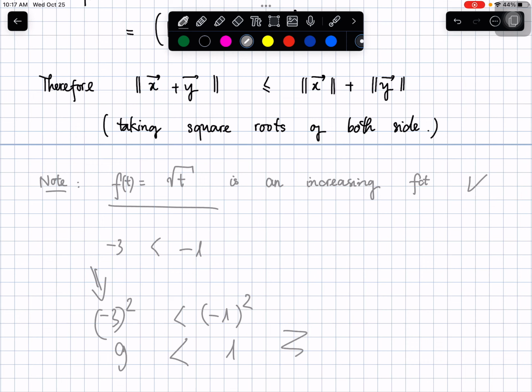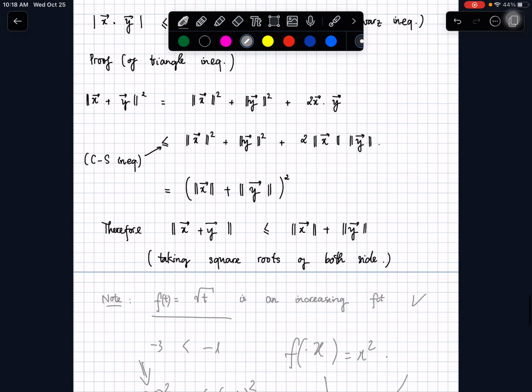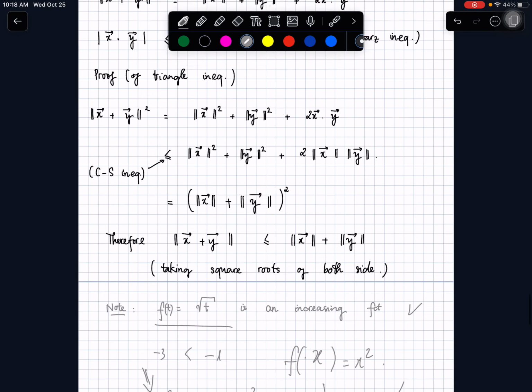This is not true because the function x squared looks like this, so it is decreasing here but increasing there. You cannot do that. Okay, here's a proof of the triangle inequality.